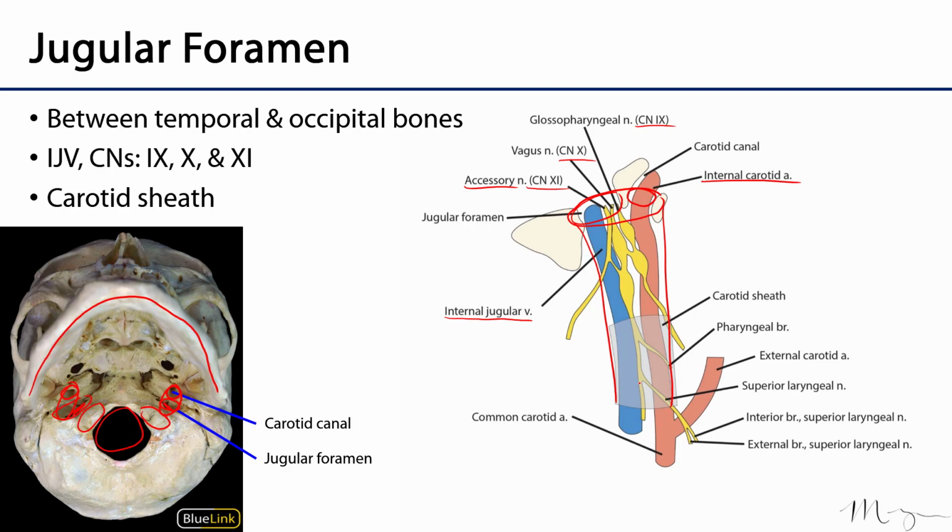So 9, 10, 11, IJV, as well as internal carotid and all the way down common carotid, all are carotid sheath contents, because they're coming through the basicranium, where the carotid sheath is originating.